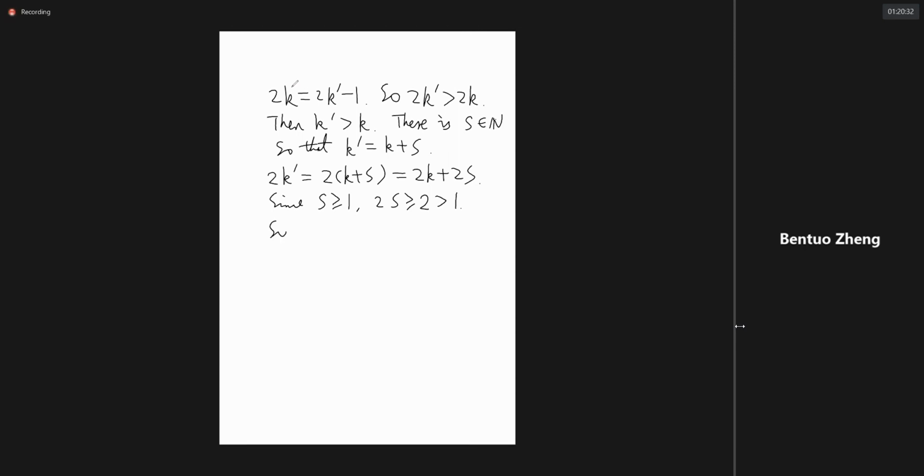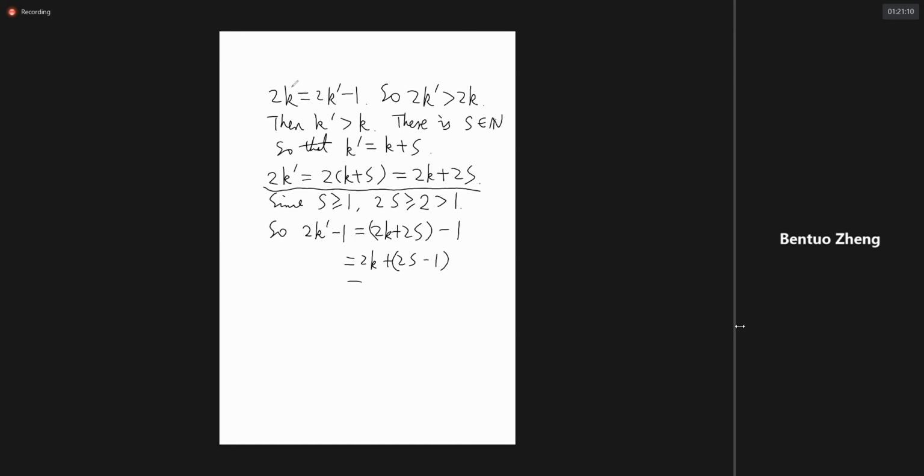So if you look at 2k prime minus 1, this is equal to, because 2k prime is equal to 2k plus 2s, minus 1. This is equal to 2k plus 2s minus 1.